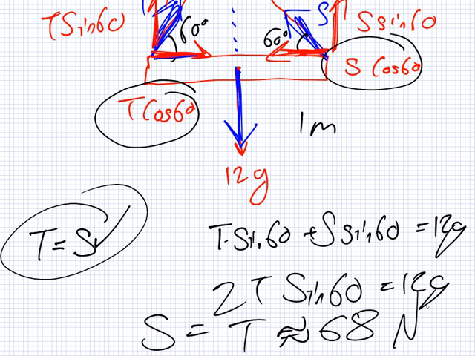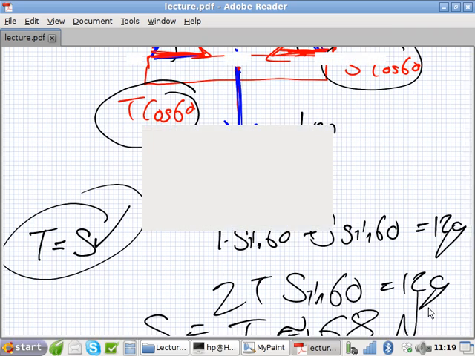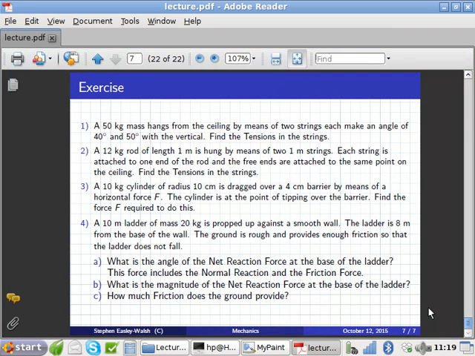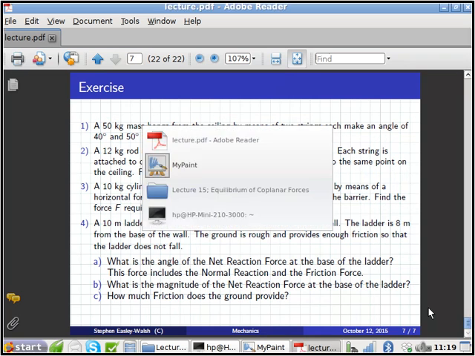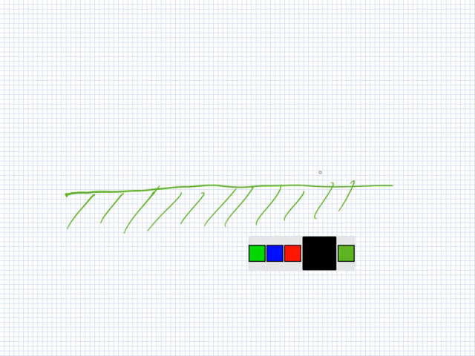Next question? Yeah. Number 3. Nice question. A 10 kilogram cylinder of radius 10 centimeters is dragged over a 4 centimeters barrier by means of a horizontal force. Good question. So this is number 3.